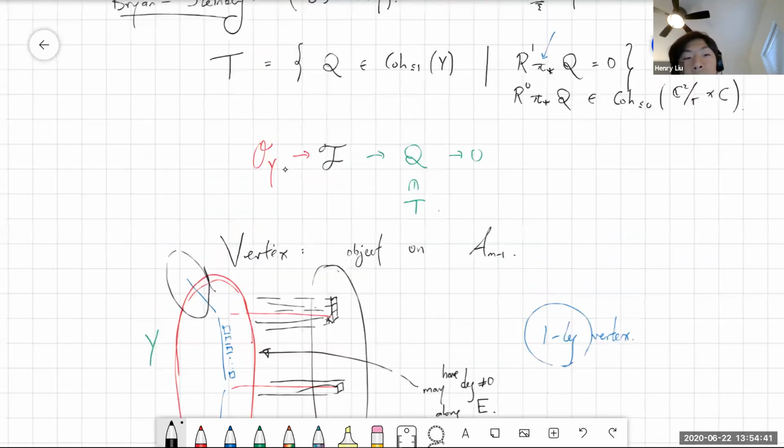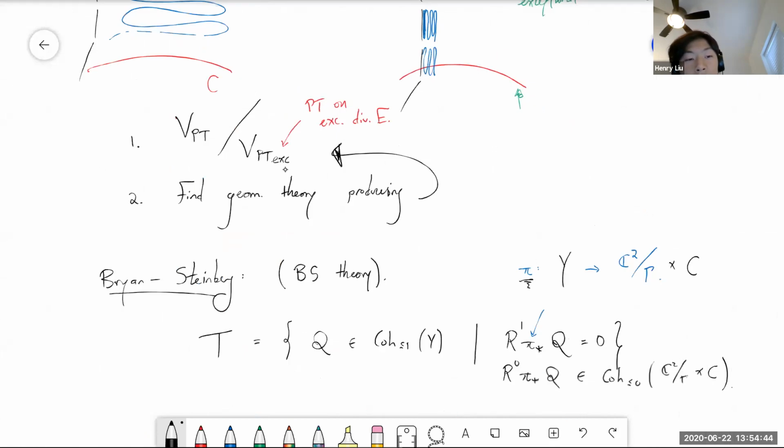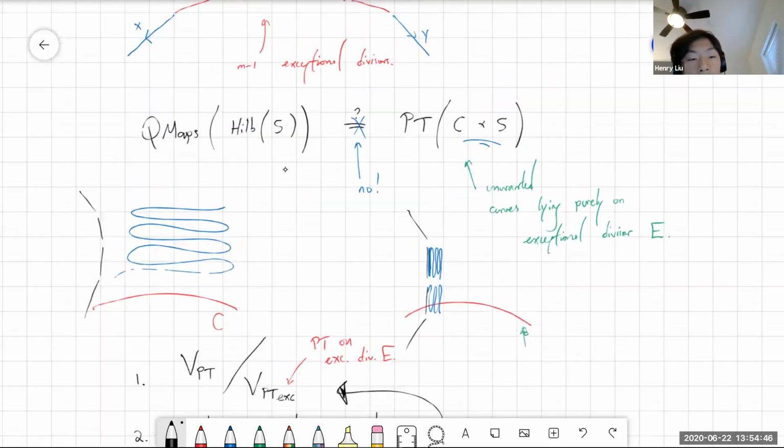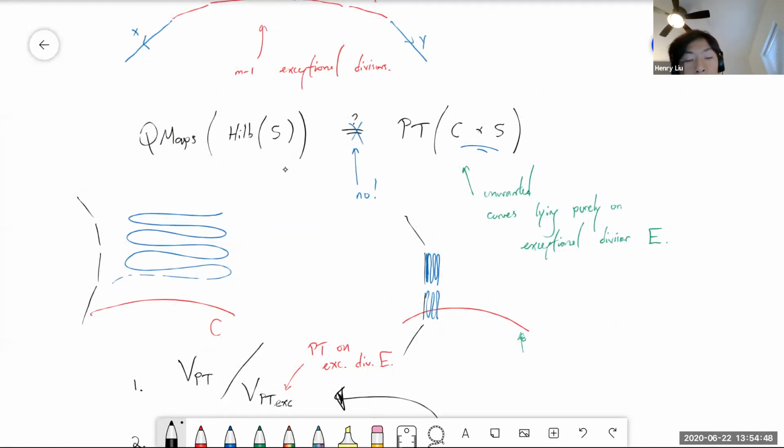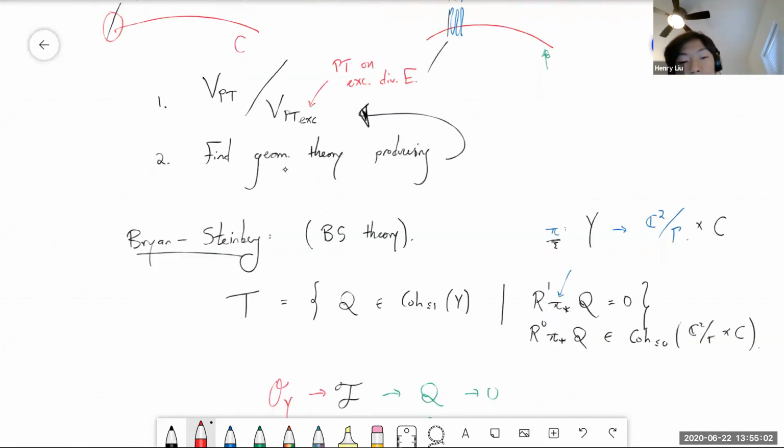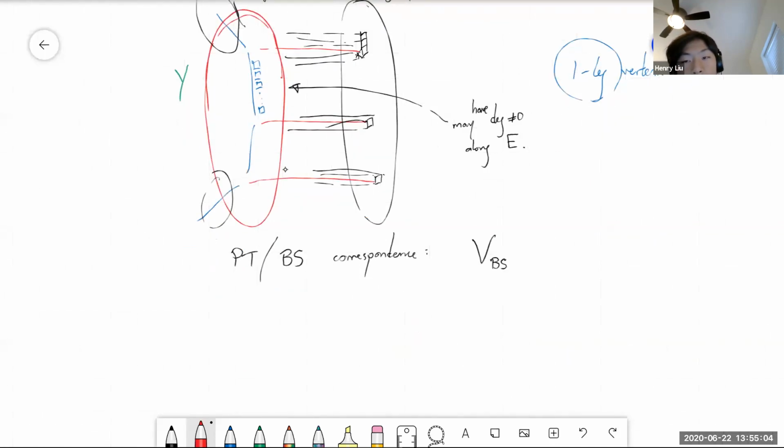If we think back to how we constructed quasi maps, there can't be contributions along these non-compact directions. It's only one leg along C. Okay.